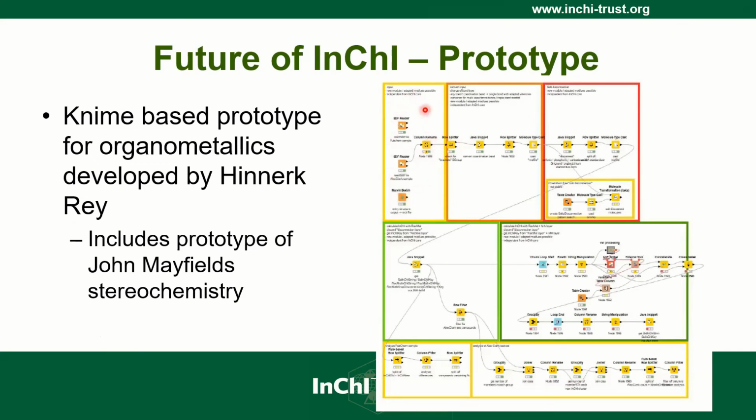Then you come up to the structure manipulation sections, which are, I think, in orange and red, as far as I remember. And what we have to do over there, because we are talking about new bond types like dative bonds and coordination bonds, we have to translate it into a way that InChI is still capable to understand it.